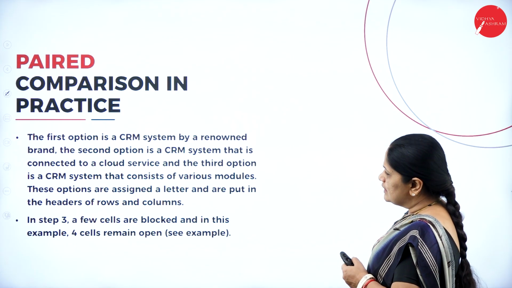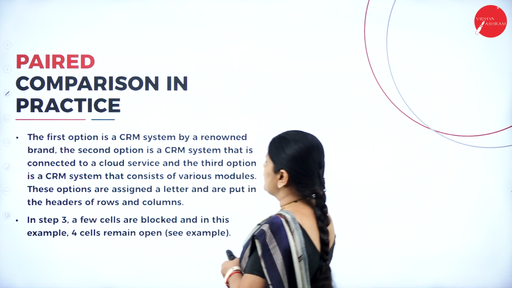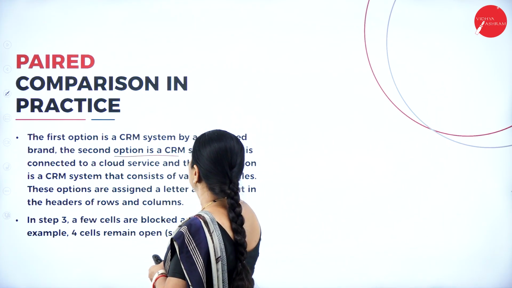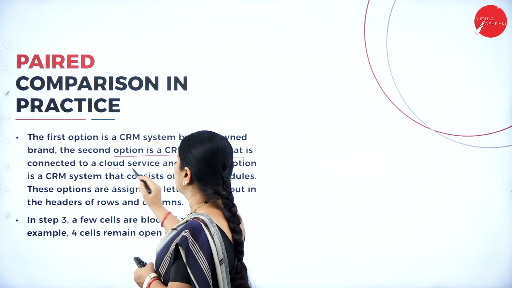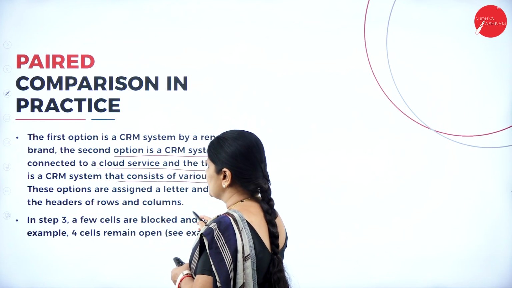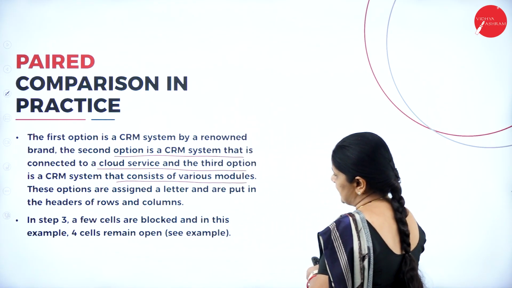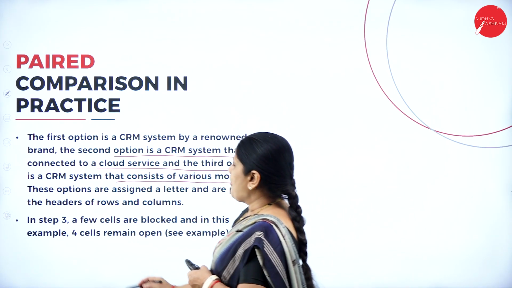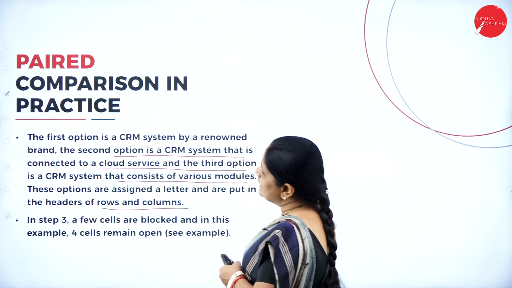The first option is a CRM system by a renowned brand. The second option is a CRM system that is connected to a cloud service. The third option consists of various modules. These options are assigned a letter and put in the headers of rows and columns.